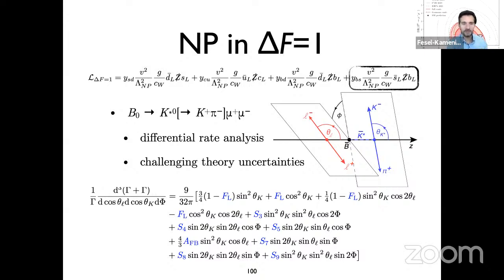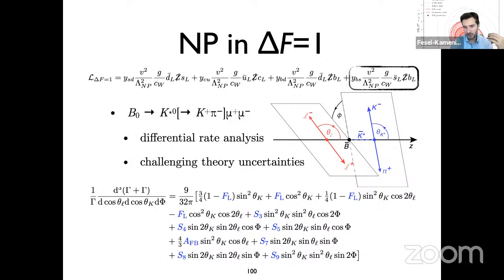So in fact, one can do a differential rate analysis using several angular observables, some of which can actually be predicted with somewhat better precision than the rate itself. And below is shown the full angular decomposition of this particular differential decay rate.